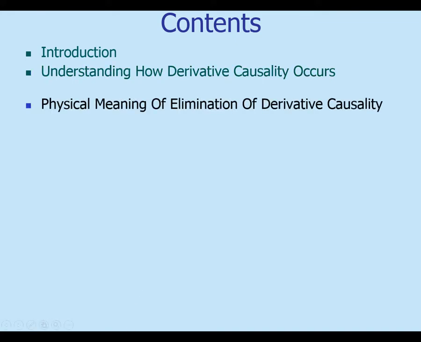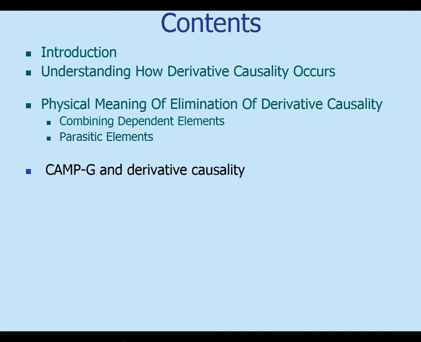We will see what the physical meaning of the elimination of derivative causality is. We will see how we can combine dependent elements to solve it, and how to introduce extra or parasitic elements to do it. What about CAMG and derivative form?